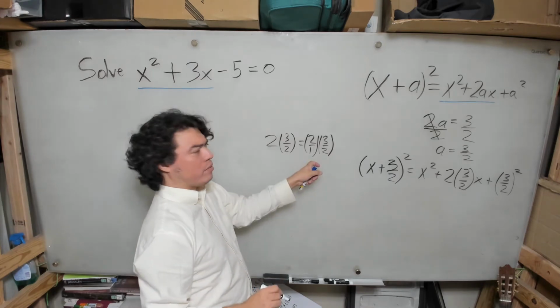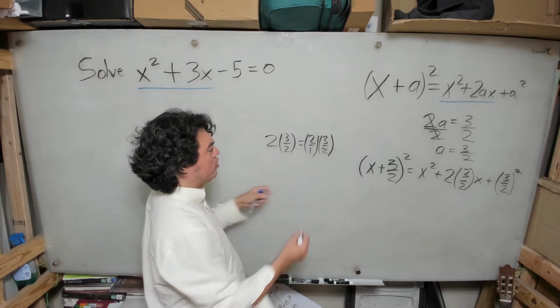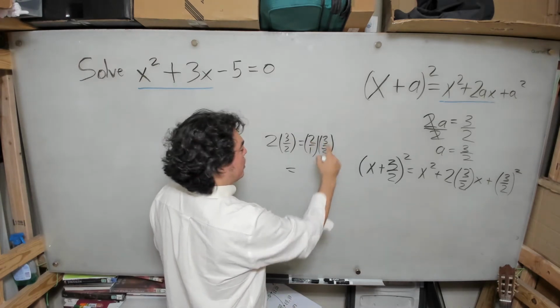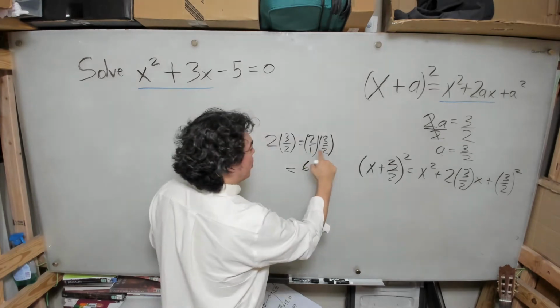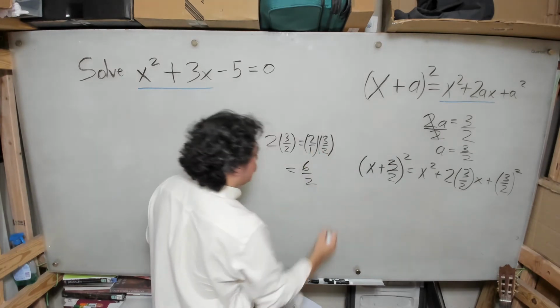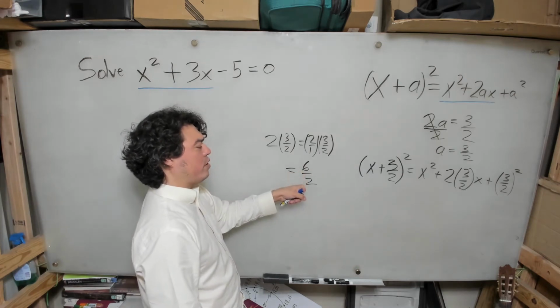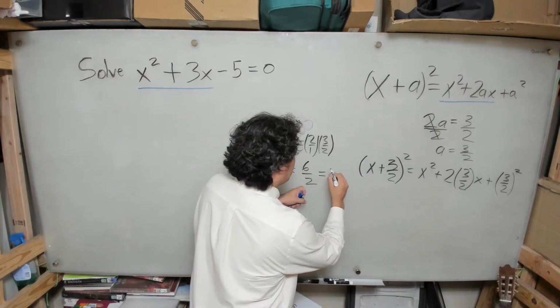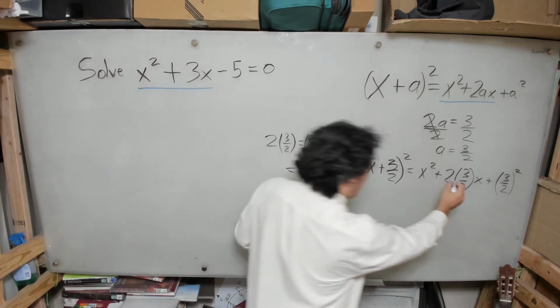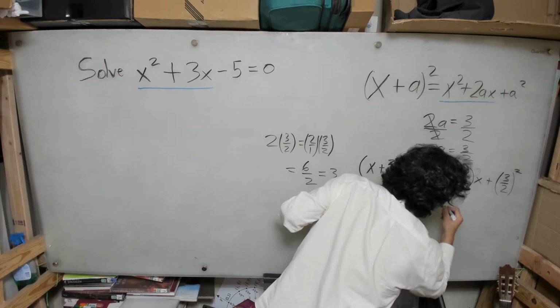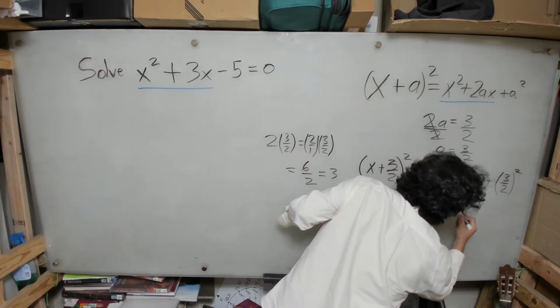So 2 is the same thing as 2 over 1. Now, how do I multiply fractions? I multiply them across. 2 times 3 is 6. 1 times 2 is 2. And then, what is 6 divided by 2? It's 3. So I can rewrite this right-hand side as x squared plus 3x.